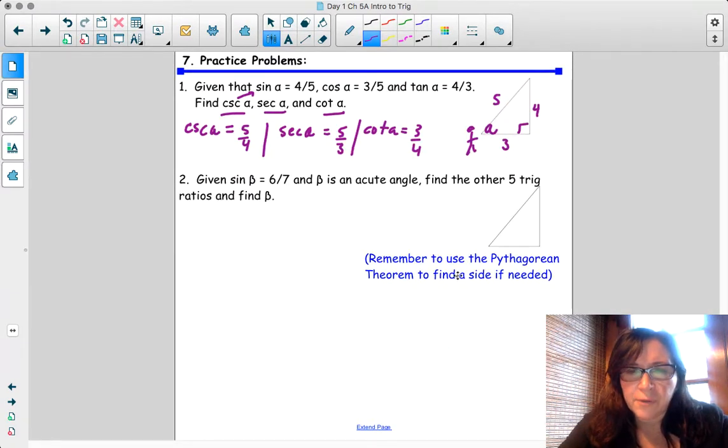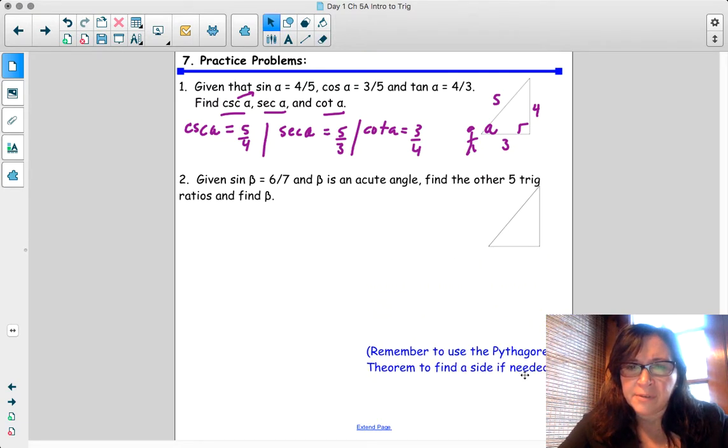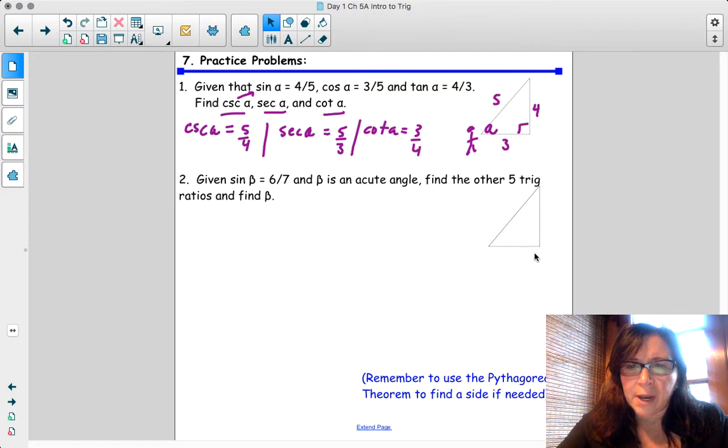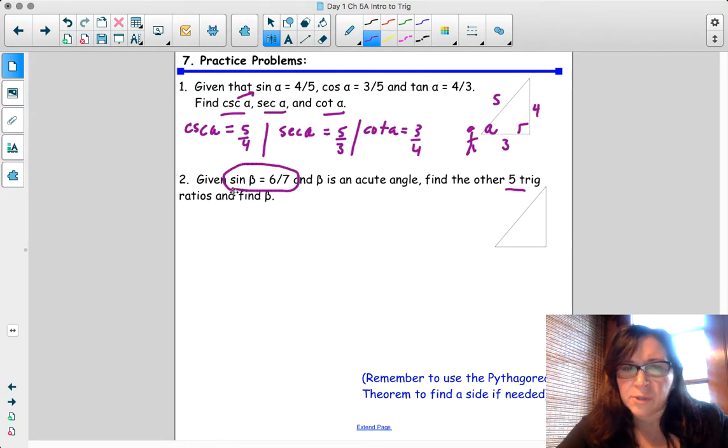Okay, so for the second problem, number 2, I'm going to move this down a little bit. For this triangle right here, your job is to solve all 5 trig functions. You're given this one: sine of beta is equal to 6/7.